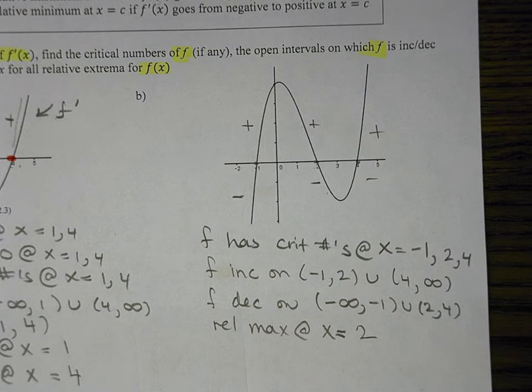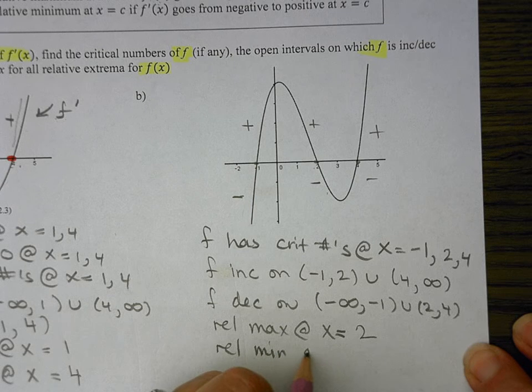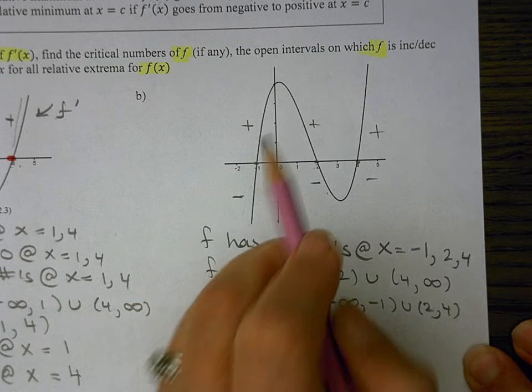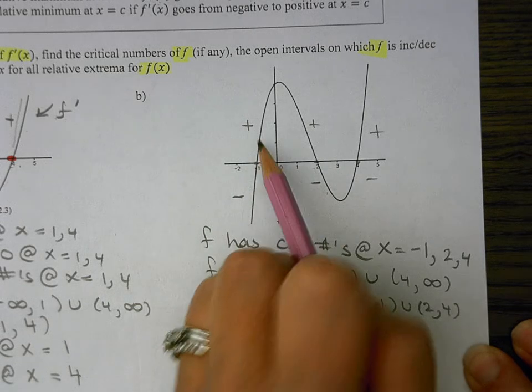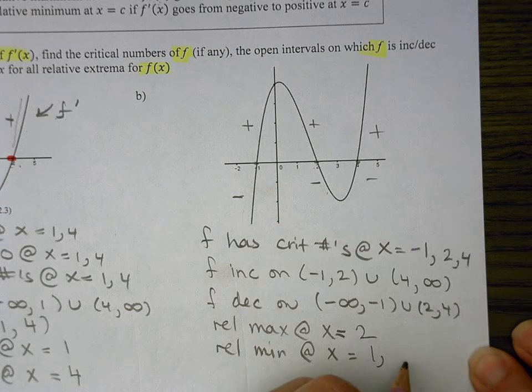And then finally, our relative min is when f prime goes from negative to positive. So f prime goes from negative to positive here, at x equals 1, and here at x equals 4. Okay, and that's it.